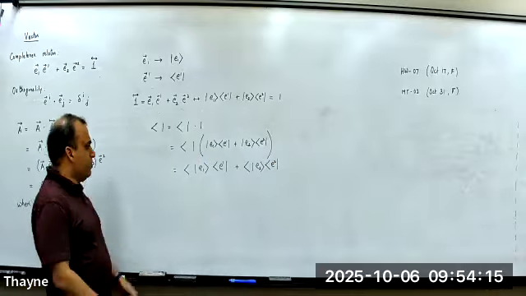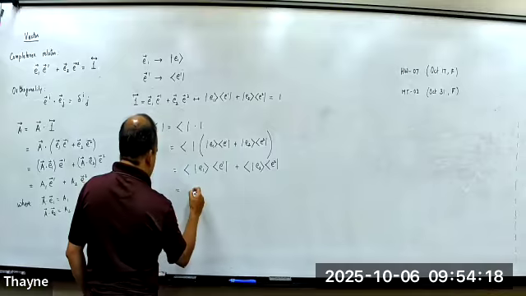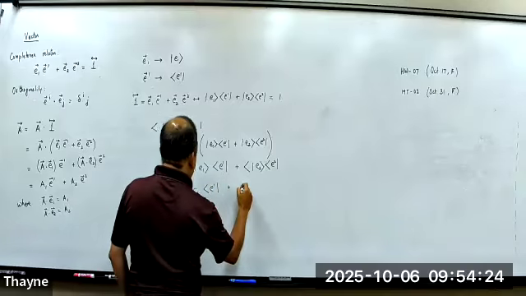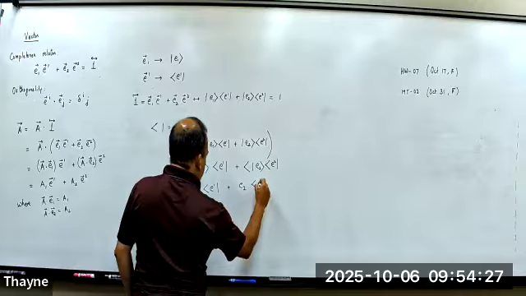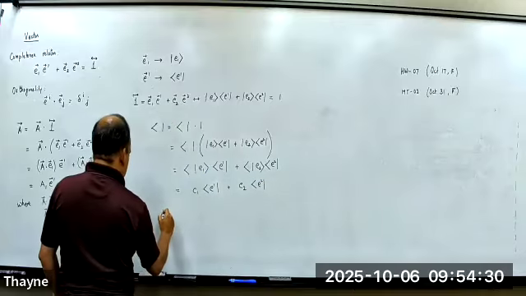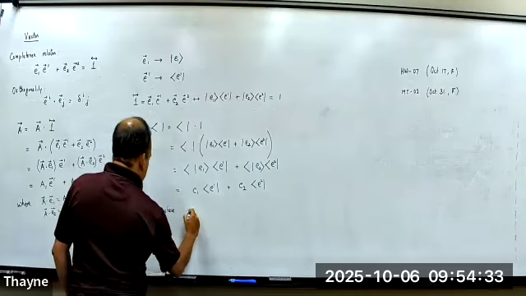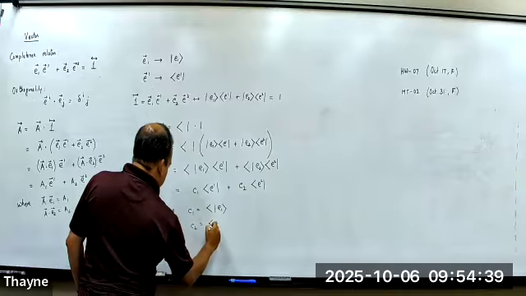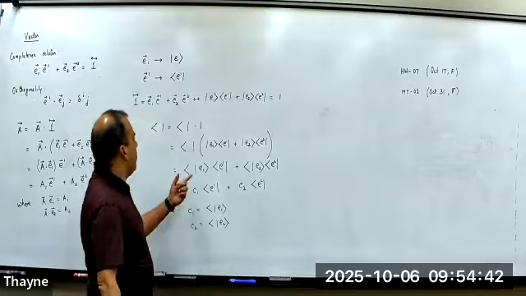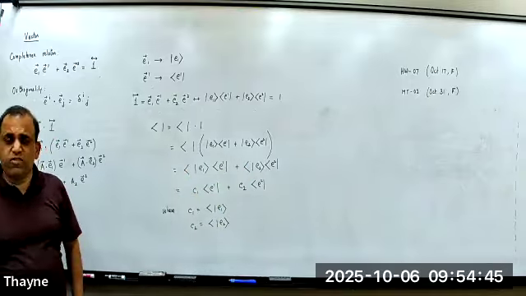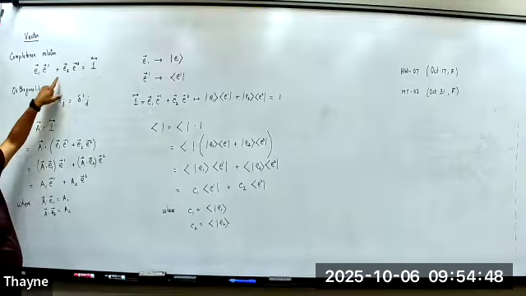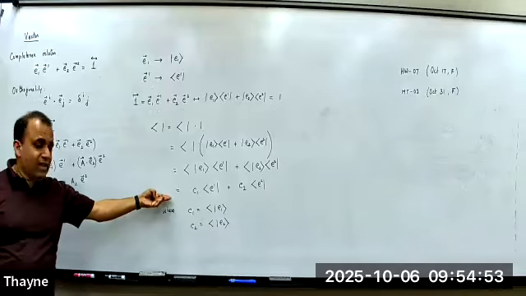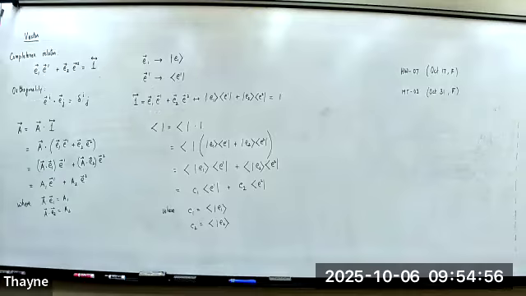You can give it a name, let's say this is C1 times E1, where C1 is equal to the projection along E1, C2 similarly. In general, these need not be 2. This could be a whole summation, right? This could be an n-dimensional space, and this could be an infinite dimensional space.